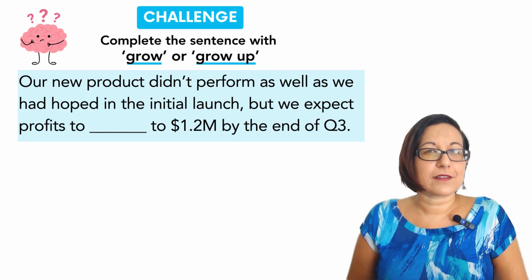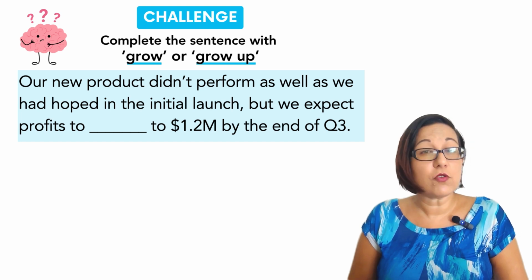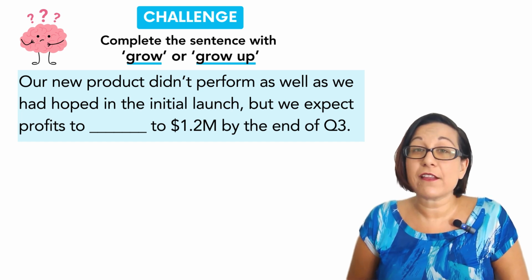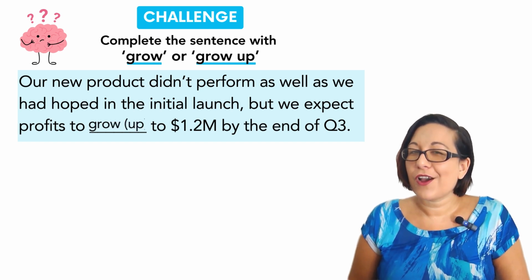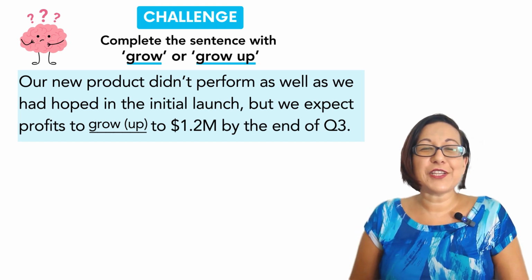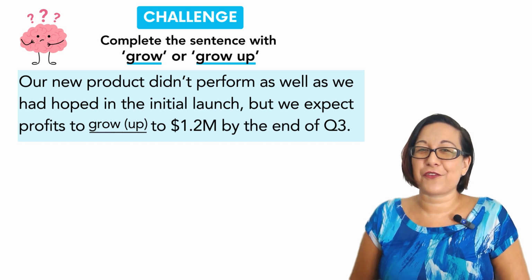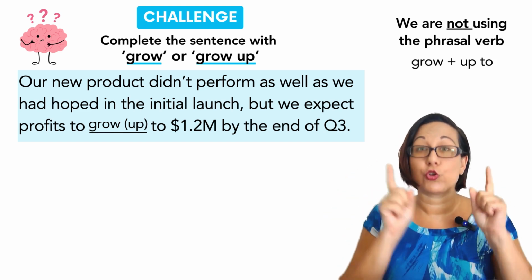Our new product didn't perform as well as we had hoped in the initial launch, but we expect profits to grow up to 1.2 million by the end of Q3. Now, we are actually using the verb grow.